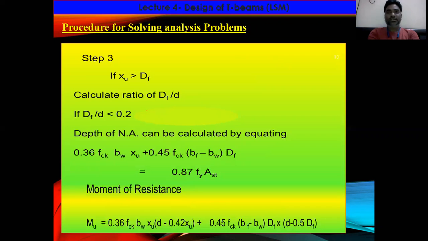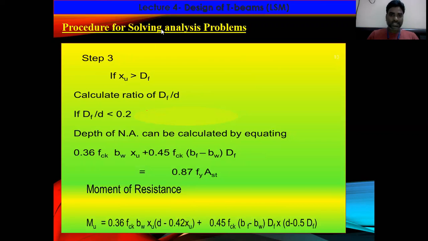It is a combination of parabola and rectangular. So in the second case, it is very difficult to determine the compressive forces. Therefore, as per IS 456-2000, it is suggested that you modify the thickness of flange from df to yf. How to modify, we'll discuss.